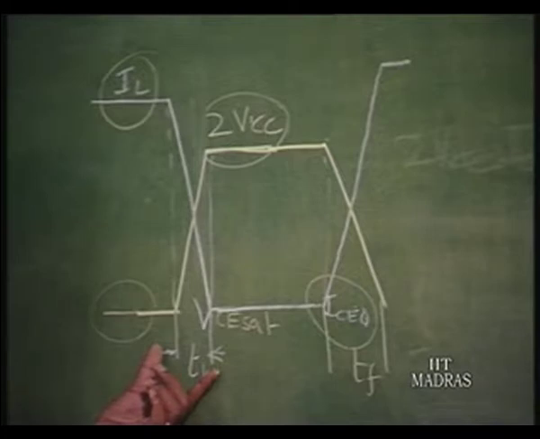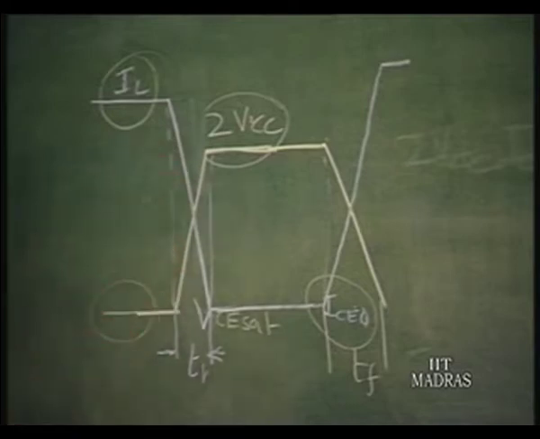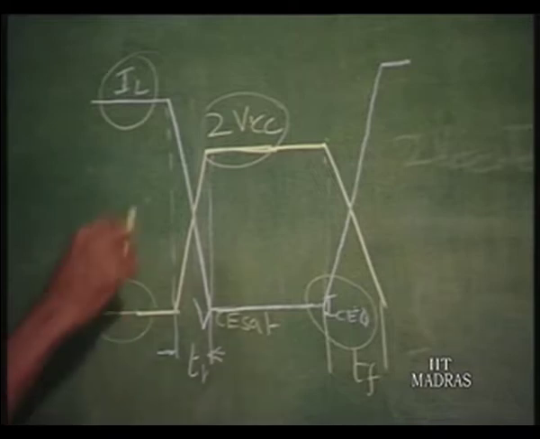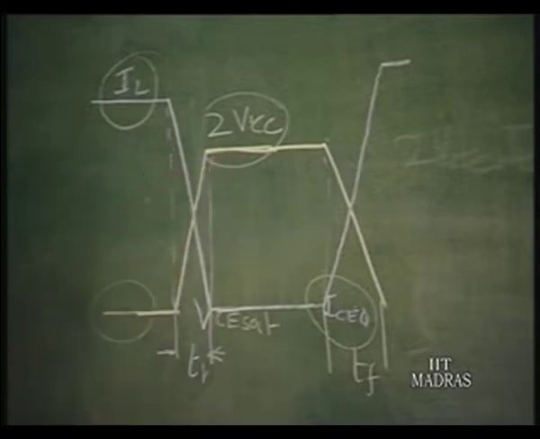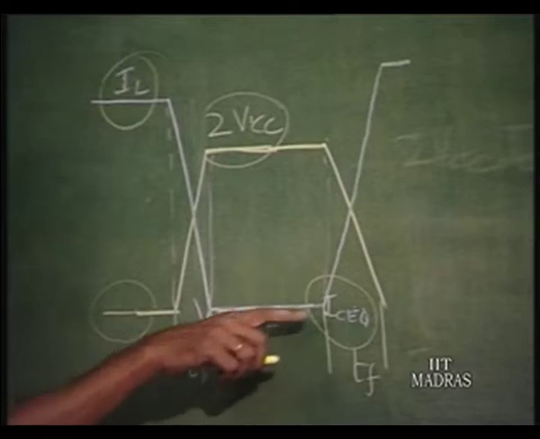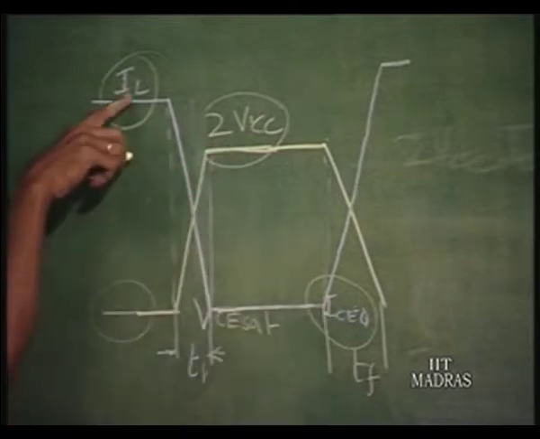Here in this range the transistor is active, so in both these ranges. If you take this kind of waveform and solve the problem, for example, I can ignore this, assuming it is very nearly 0 compared to twice Vcc.